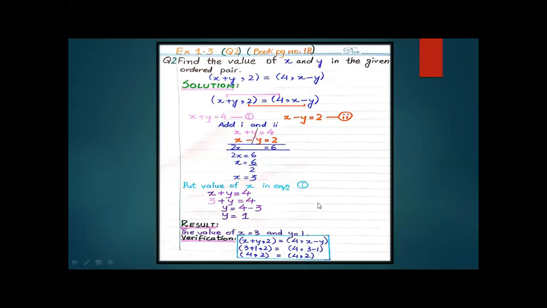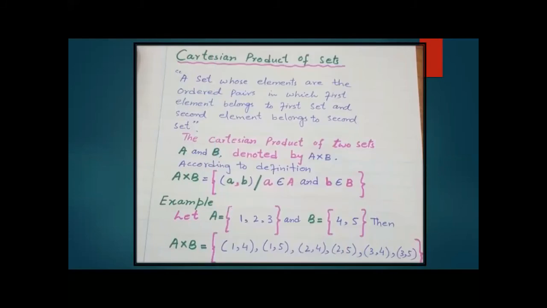Now come towards the last topic of today's session, Cartesian product of sets. What is a Cartesian product? A set whose elements are the ordered pairs in which the first element belongs to the first set and the second element belongs to the second set.